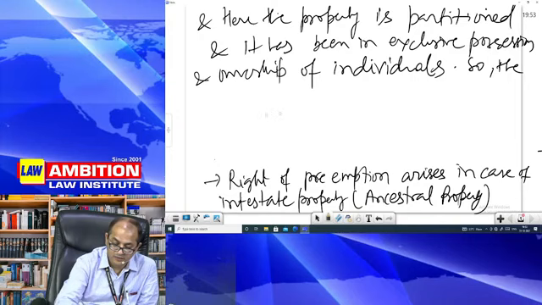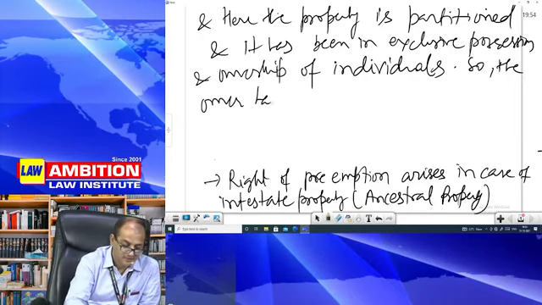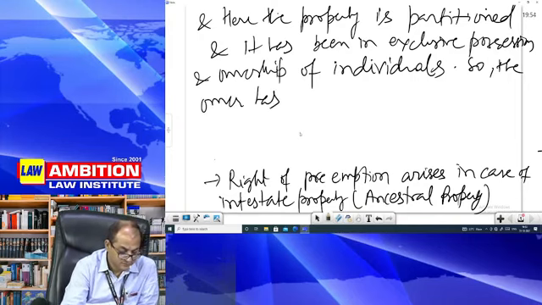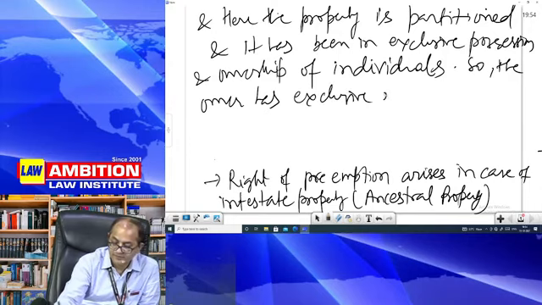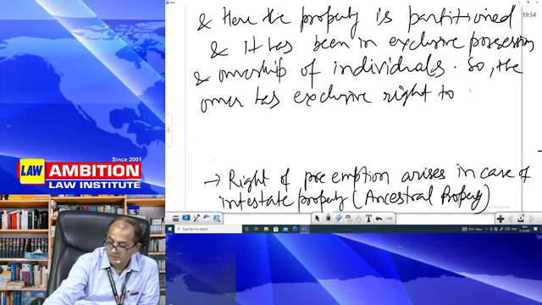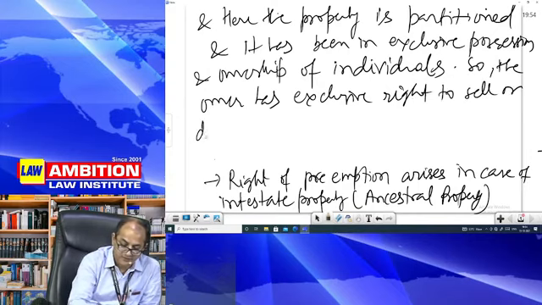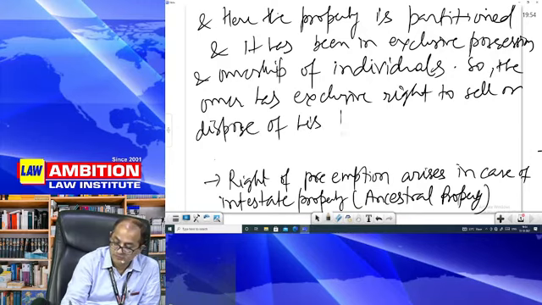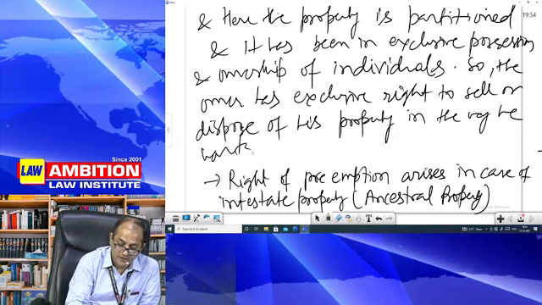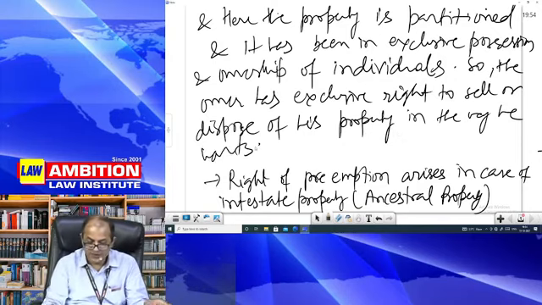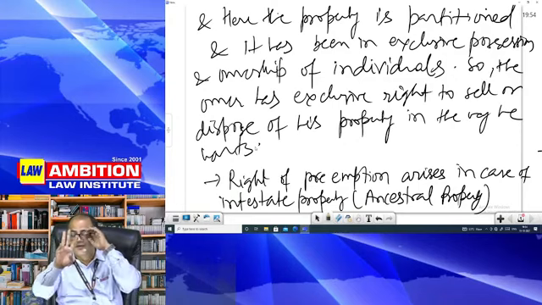So the owner has exclusive right to sell or dispose of his property in the way he wants. And for your information, I must tell you, this person filed, now there are three persons.